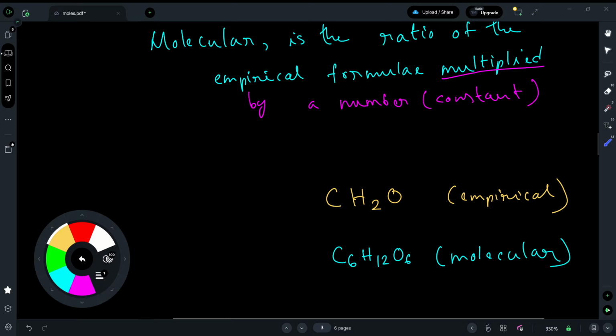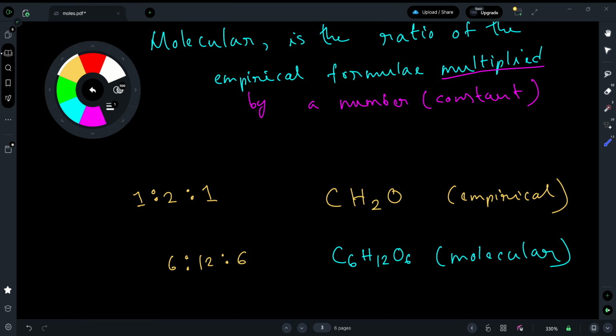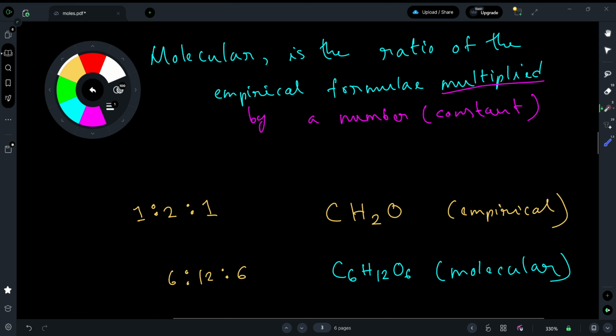Now, what did we need to multiply? The ratio was 1:2:1 here, and here it was 6:12:6. So what I mean by an empirical formula multiplied by a constant is that you multiply the ratio of the empirical formula by 6, and you get the molecular formula.